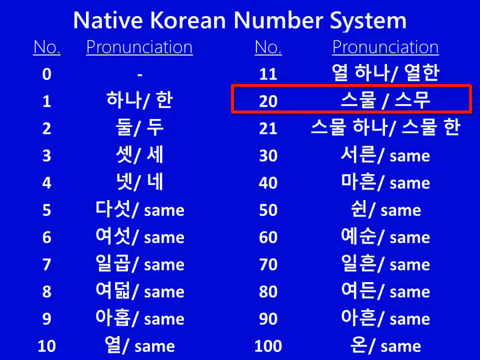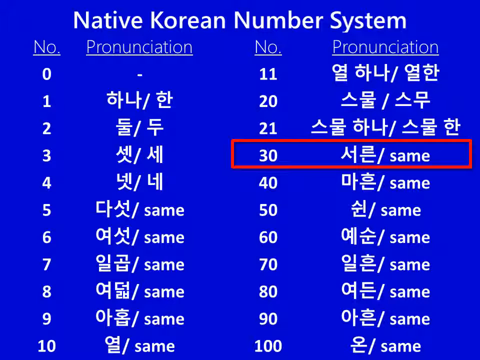Or it changes form once again and it becomes 스무 개. 스물 or 스무 개. 스물 하나, 21. 스물 한 개.